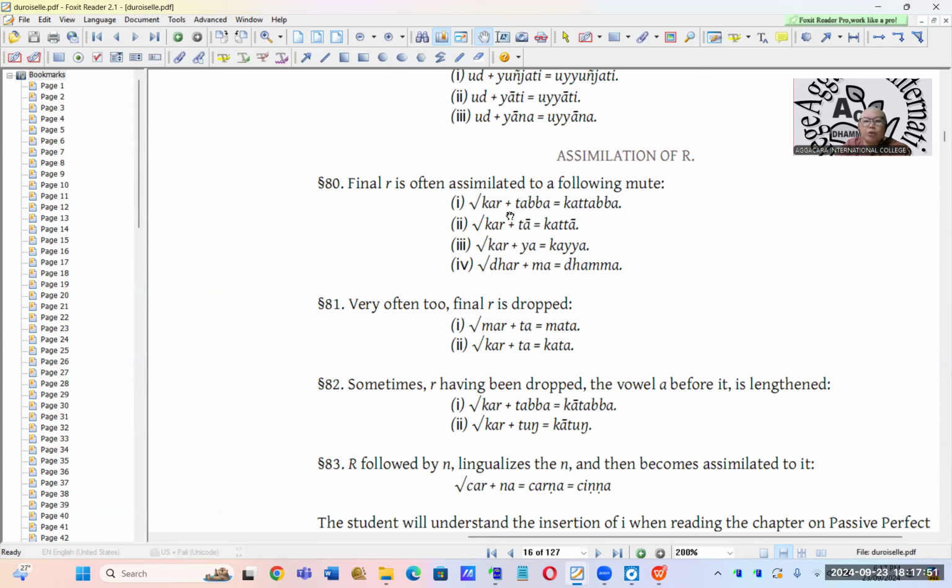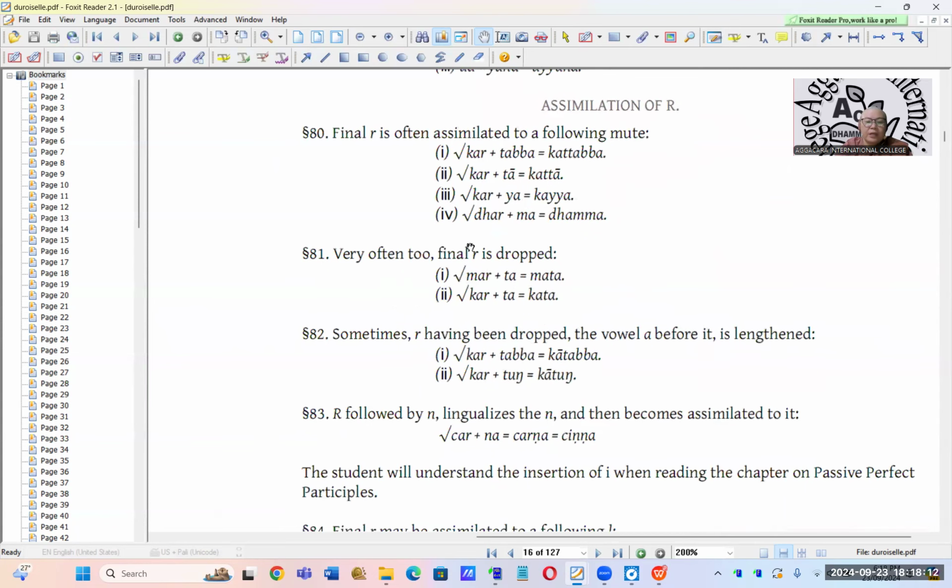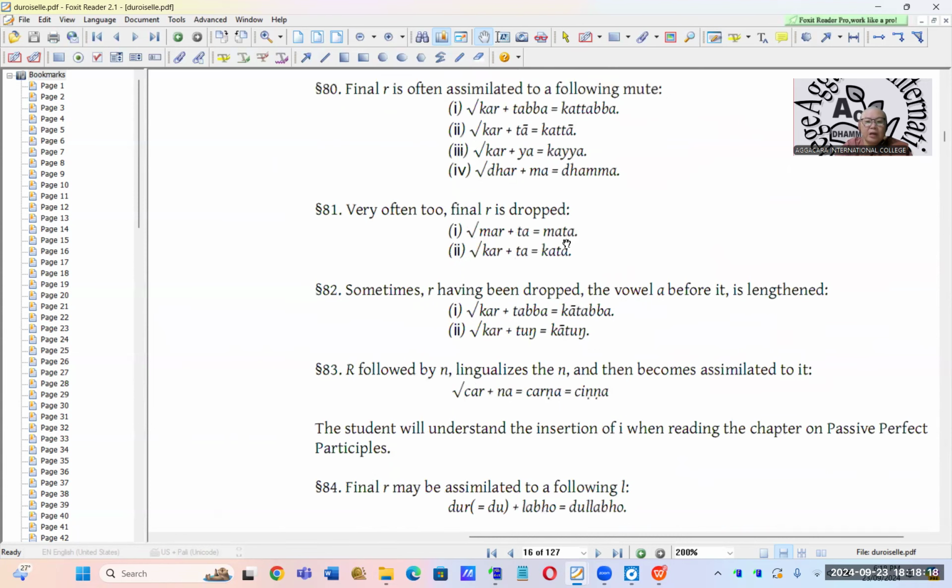It means that it becomes no more. R and T become TT. R and Y become Y. Dhamma. R and M become MM. So notice that the R is totally assimilated. In a way, it loses the R sound because it's not so important. Even now, marta dead, the R is also dropped. Karta doing something, the R is also dropped.